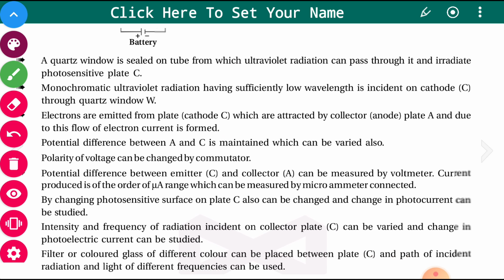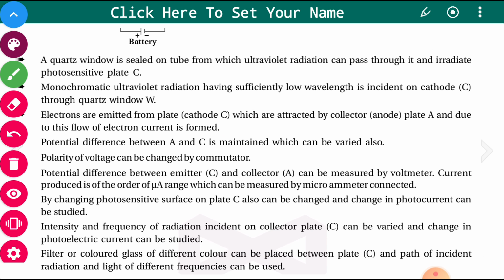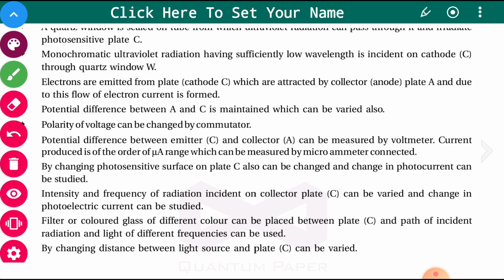The potential difference between emitter and collector can be measured with the help of the voltmeter that I have told you, and here the microammeter is used to measure the electric current, and with that current we can find the number of electrons which are flowing through the circuit per second from a particular cross section. Now the photosensitive surface on plate C can also be changed, and the change in the photocurrent can be studied.